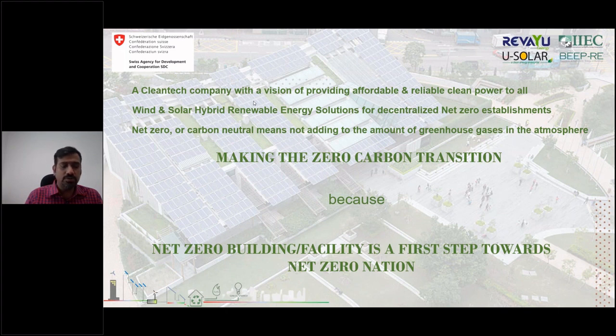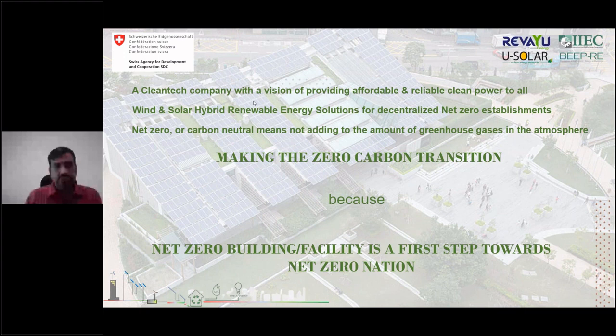Nowadays, many companies want to go net zero. Nations have their net zero targets, organizations have their net zero targets. So we aim at achieving this by combining both, and at some places we can also add a part of storage to it, and combining all three, we can have net zero establishments.